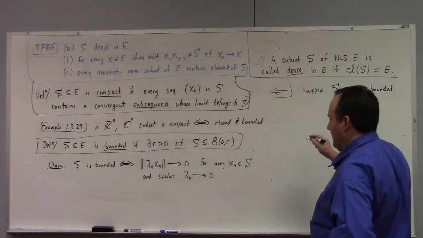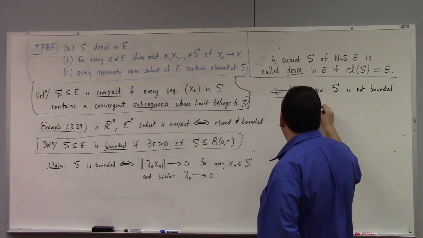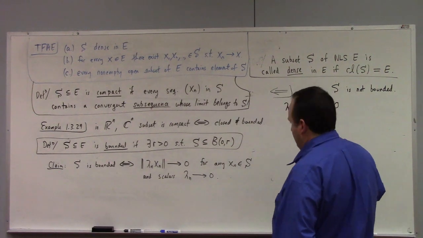I probably would look at lambda n equal to 1 over n, those are going to 0.